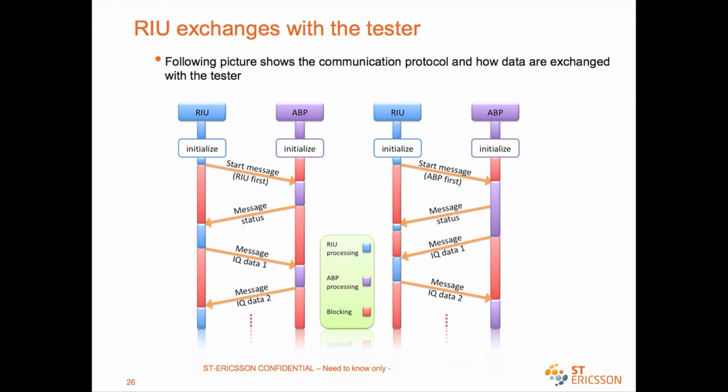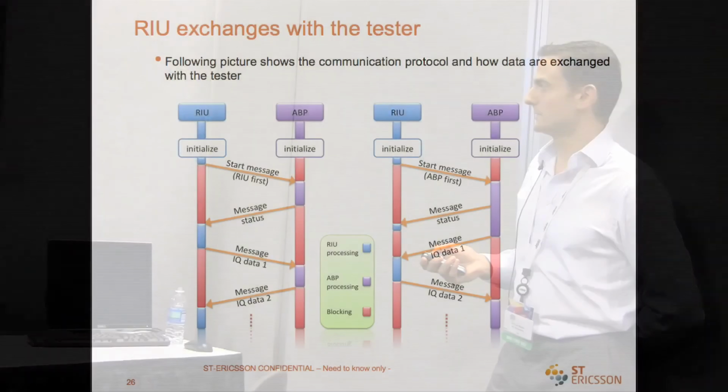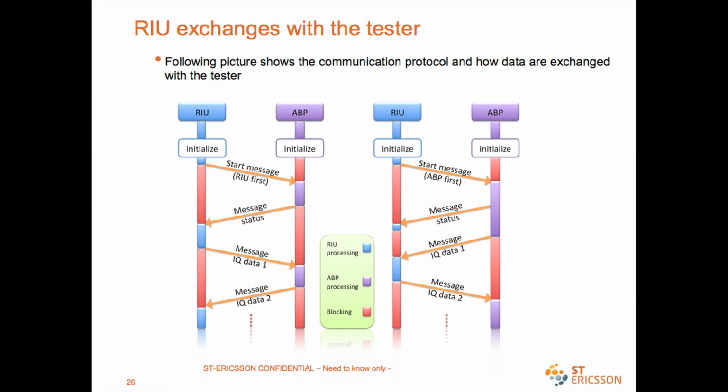So you can send up to 266 IQ samples at a time. And then once this is done, you just have an acknowledge from the tester saying, okay, I'm ready, everything is perfect, we can start. And so then you send your IQ data, for example in this case, to the tester, and the tester will answer, and you go like that into your test.